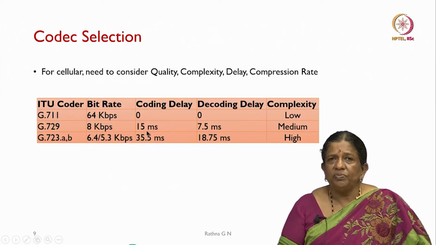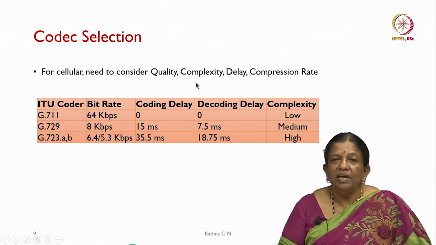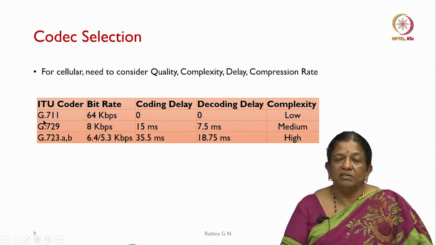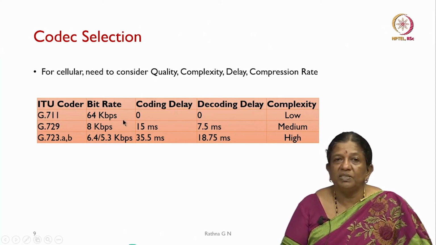So, how are you going to do the codec selection? We know that for cellular we need to consider basically quality, complexity, delay and compression rate. These are the standards which are available from ITU, the International Telecommunication Union. G.711 is 64 kilobits per second.